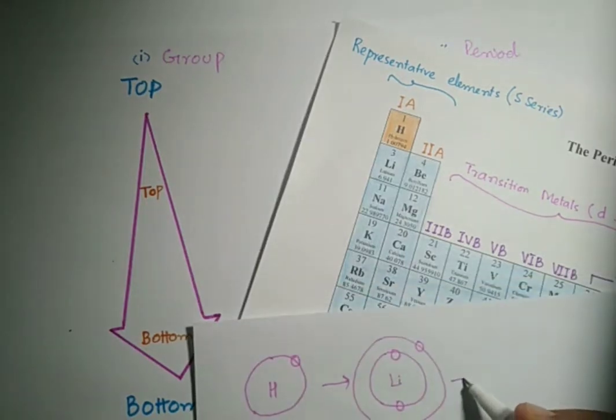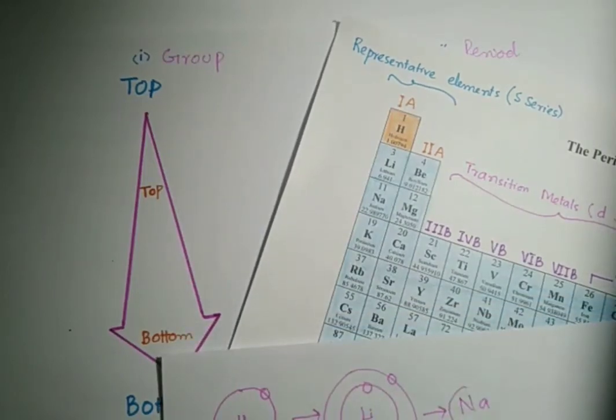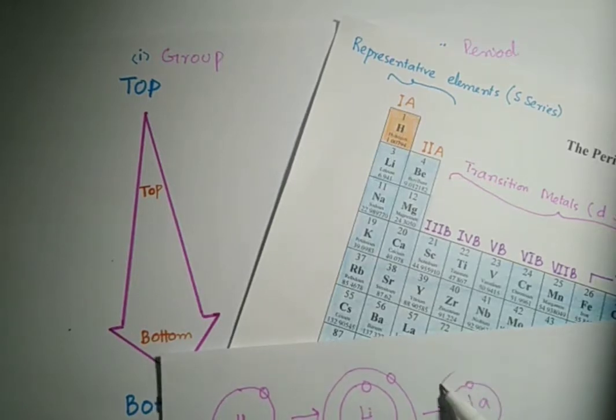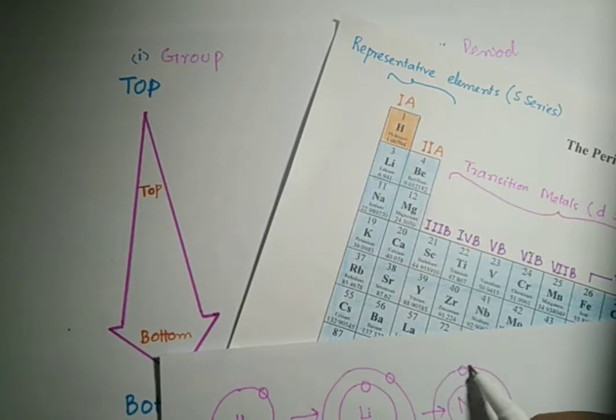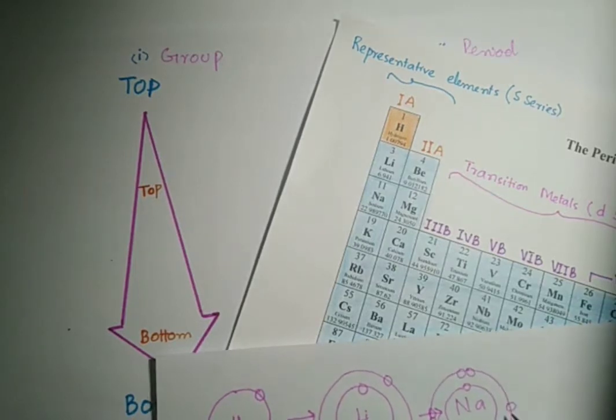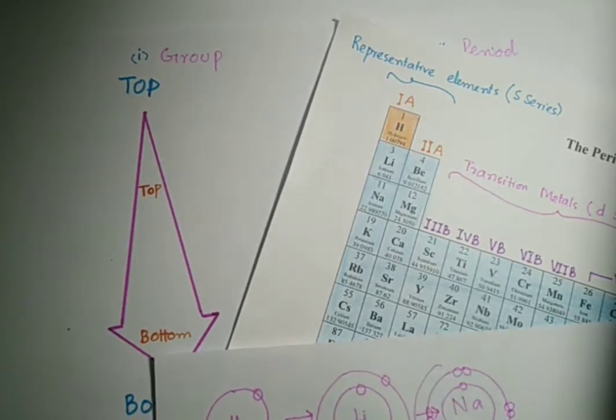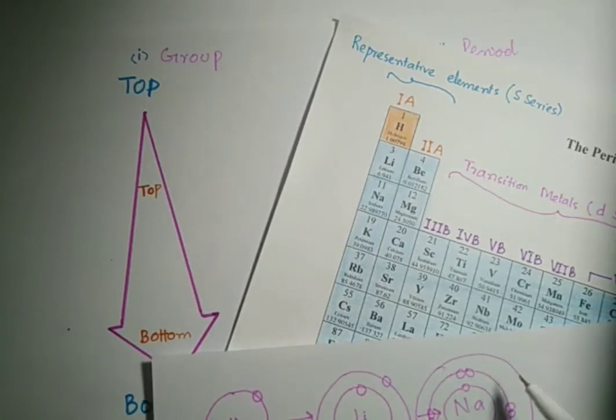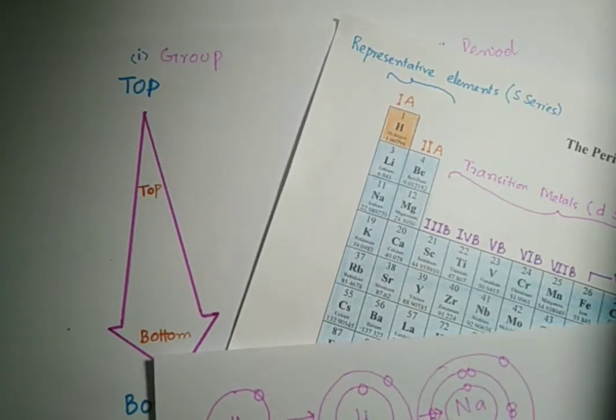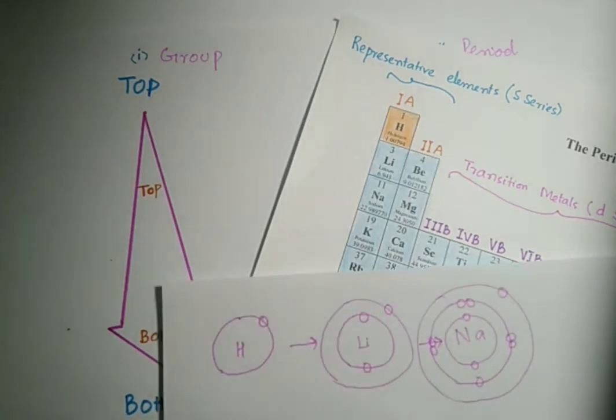Similarly, when we move from lithium to sodium, it has 2 electrons in its inner shell, then 8 electrons in its second shell, and 1 electron in the valence shell, which means that another shell is added in sodium.